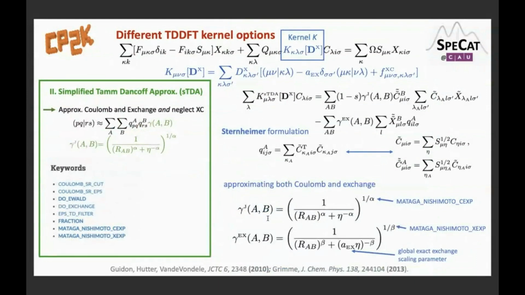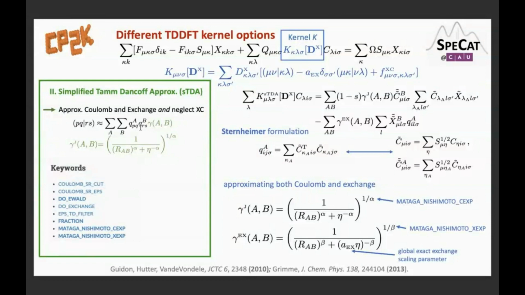The second option that we have is to not perform conventional TD-DFT or TDA computations, but to rely on a semi-empirical kernel. What you're doing here is approximating Coulomb and exchange contributions in this first order kernel, and completely neglecting the exchange correlation kernel. And the two electron integrals are then computed relying on the semi-empirical repulsion operator and Löwdin monopole charges.